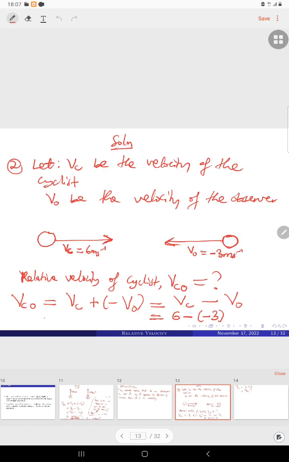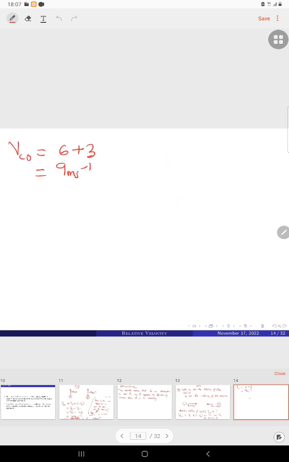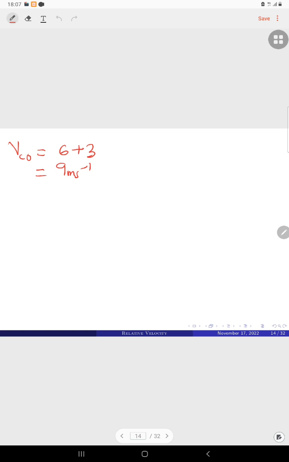Go to the diagram. What does the VCO mean? VCO means how an observer will see the cyclist moving. That is the meaning of VCO.